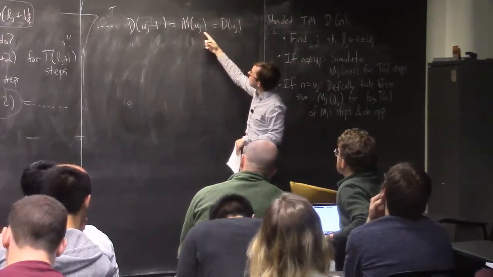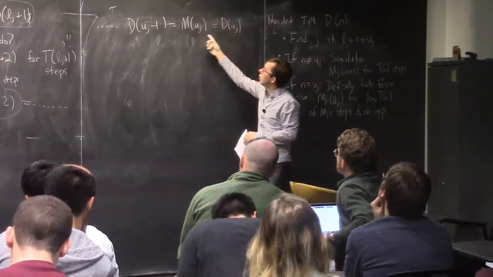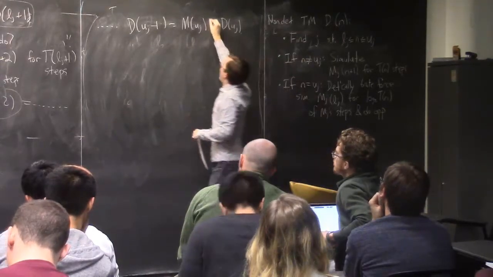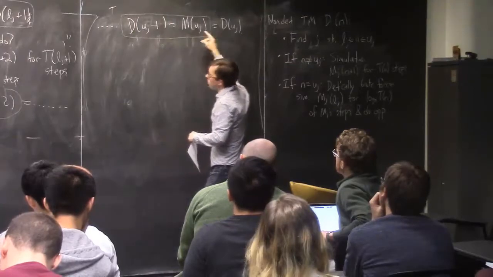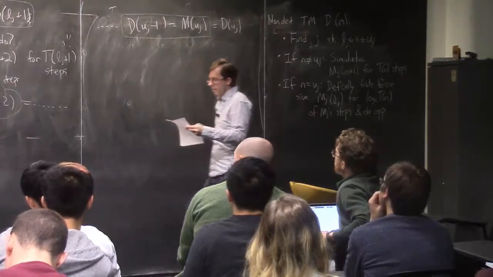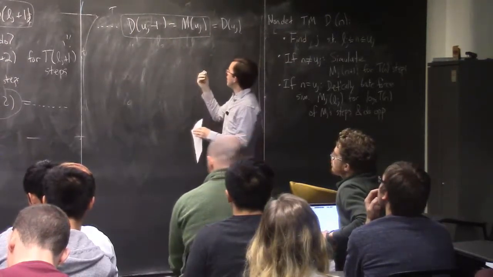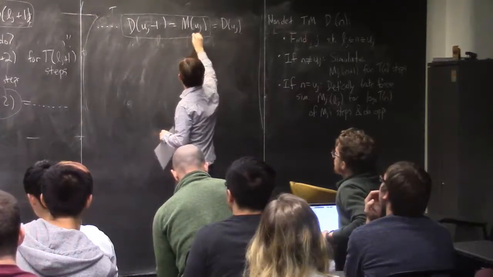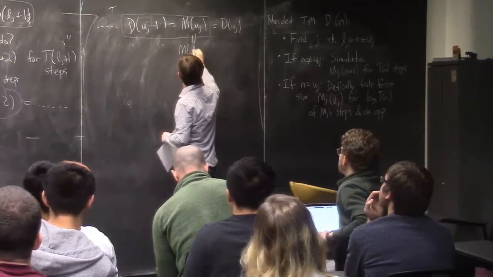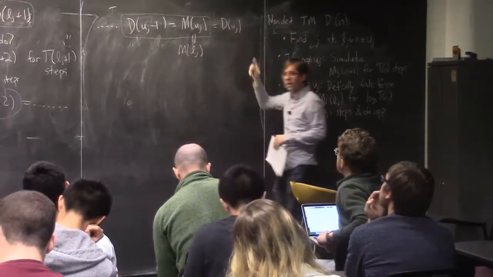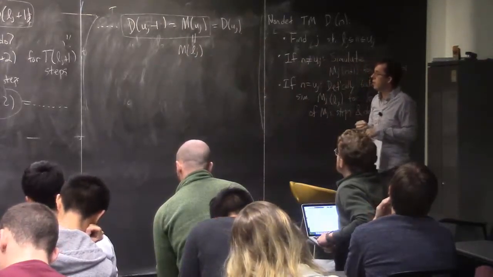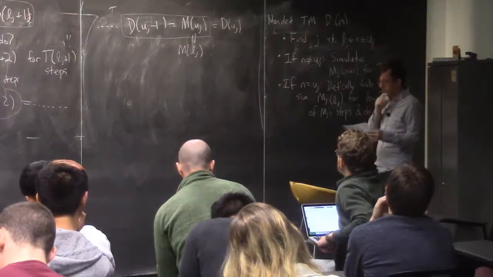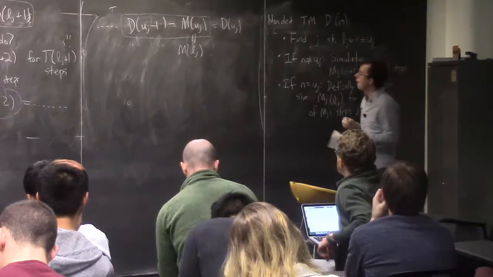And by assumption, M equals D everywhere, so these are equal. But if we put together all these boxed things, everything is equal, and so it goes all the way back to the beginning, and we get that this equals M of L_j. So M actually has a constant output, the same ultimate result, on all inputs in these intervals.